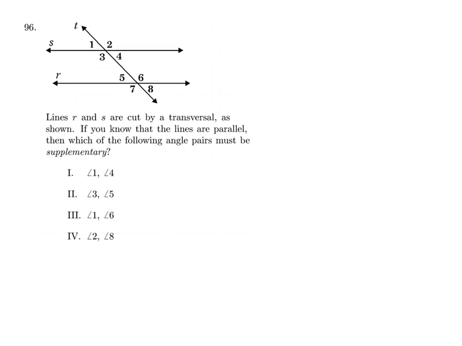Lines R and S are cut by a transversal as shown. If you know that the lines are parallel, which of the following angle pairs must be supplementary? 1 and 4, those are equal. 3 and 5, those are definitely supplementary. 1 and 6, those are supplementary as well, because these are corresponding, and then these add up to 180.